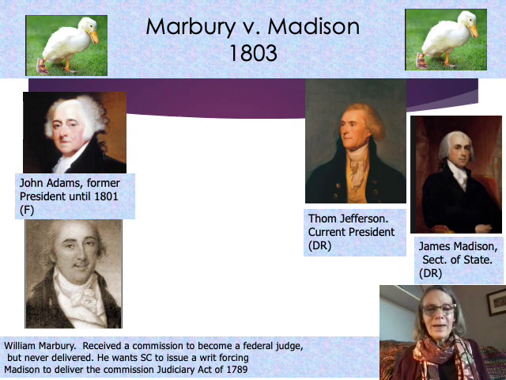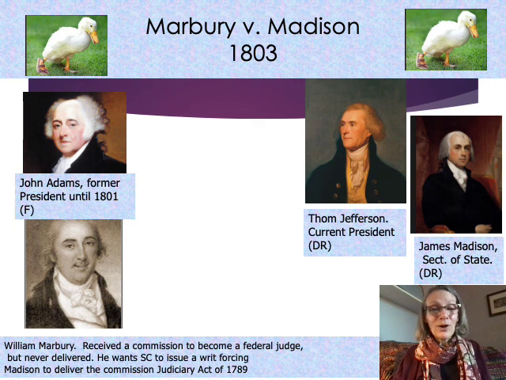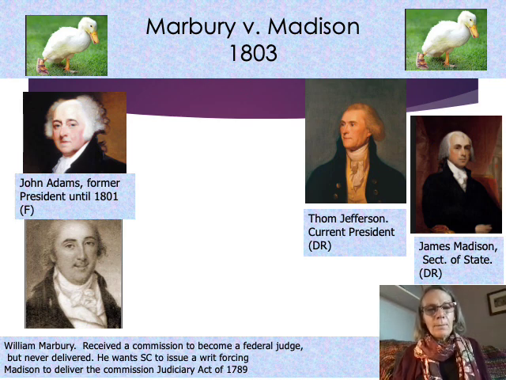Poor William Marbury. William Marbury is selected and confirmed to become a justice of the peace in one of these new court positions, but he never receives his commission. His commission is one that never got delivered, and Thomas Jefferson and James Madison refused to deliver it. So what did William Marbury do?